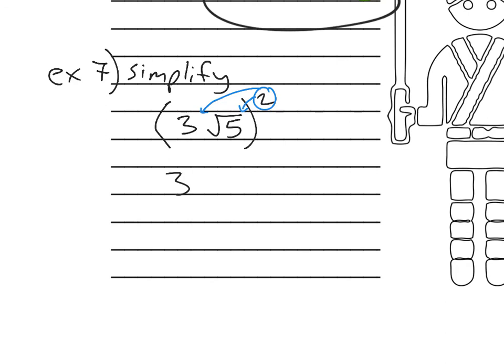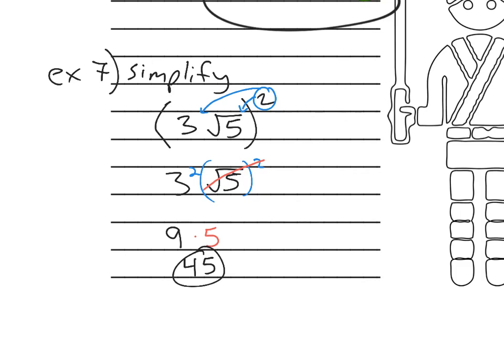So we'll have 3 to the power of 2 and the square root of 5 raised to the power of 2. Well, 3 squared is 9. But when we square a square root, what happens is it gets rid of it. And what comes out is just the 5. And now 9 times 5 would give us 45 for that answer.